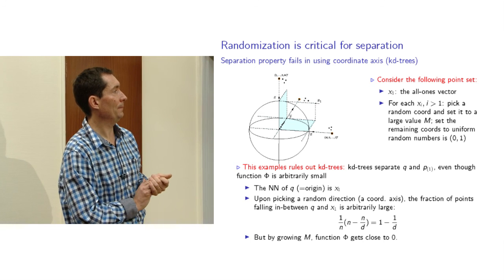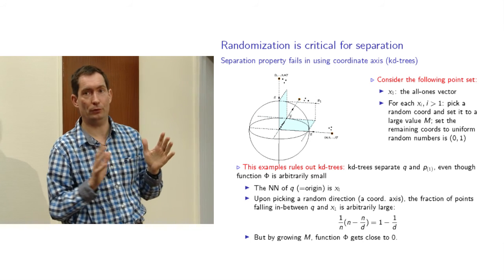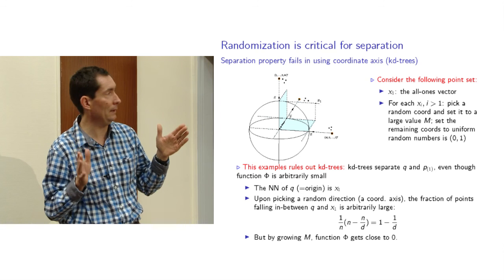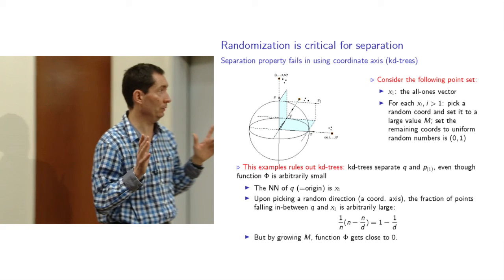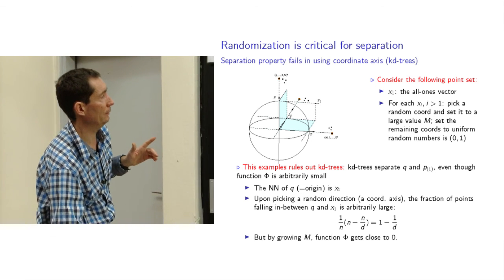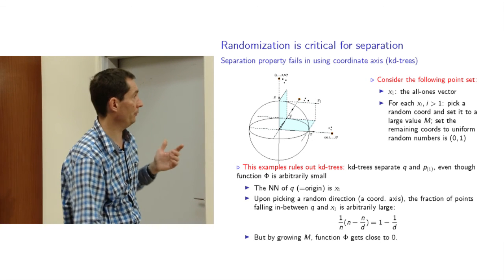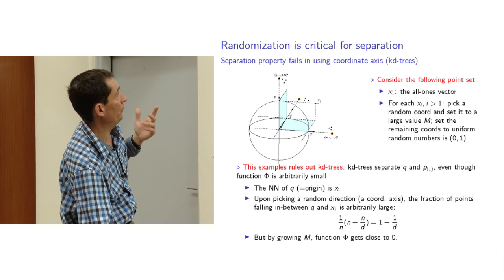And so as you can see here, we have a large fraction of points which project between the query point and the nearest neighbor, even though our function phi is close to 0. Because the function phi, what is it?